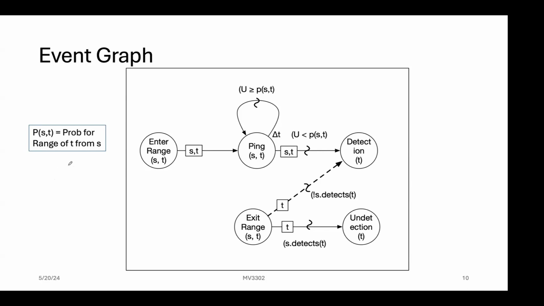Although even in that, you can't just look it up. Ideally you'd have a sorted map where the keys would be the different ranges. For a given ping, our probability now depends on both the sensor and the target. And if all we're extracting from that is the range, then we'd have to go into our map, find the value of the key that it was between, and then apply the right probability.